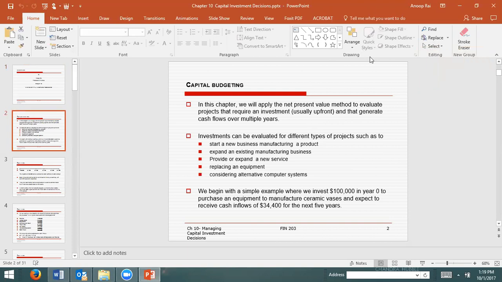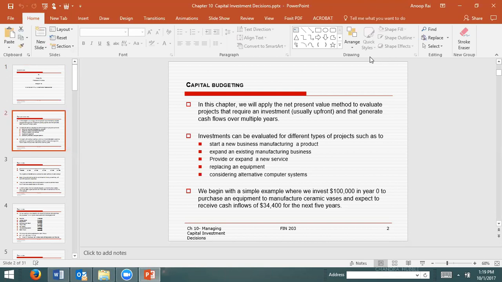And so we will learn that we can apply the net present value techniques to a number of different kinds of projects. For example, if you're starting a new business, manufacturing a product, or expanding your existing business, anything that involves outlaying a certain amount of investment.